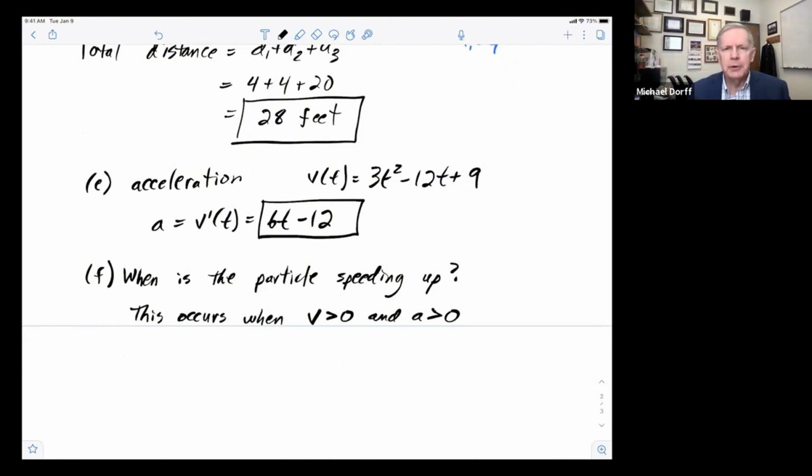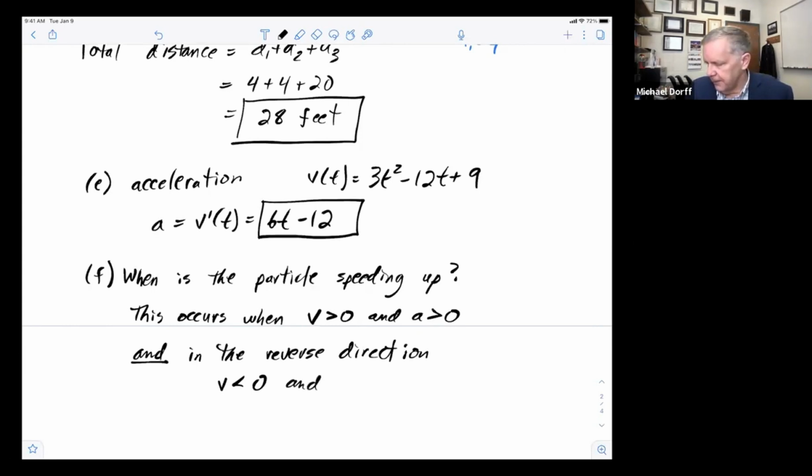But you can also speed up if you're going in the reverse direction. So when does that happen? In the reverse direction, that means your velocity is less than 0. You're going backwards, but you're going backwards faster. So think about like you start backing up a car on a street, maybe you start off slowly, but then you press down the accelerator and you're going faster in the backwards direction.